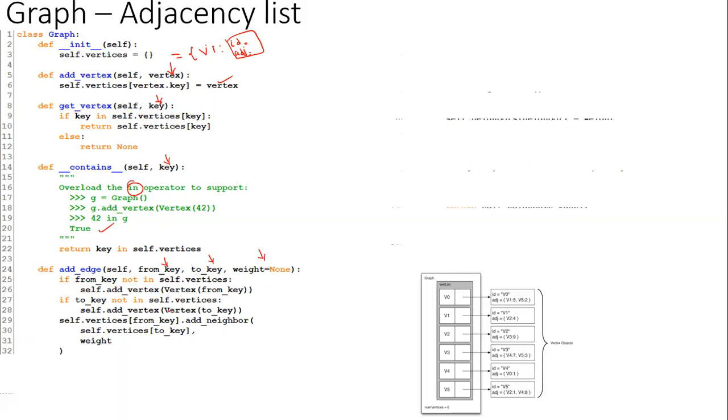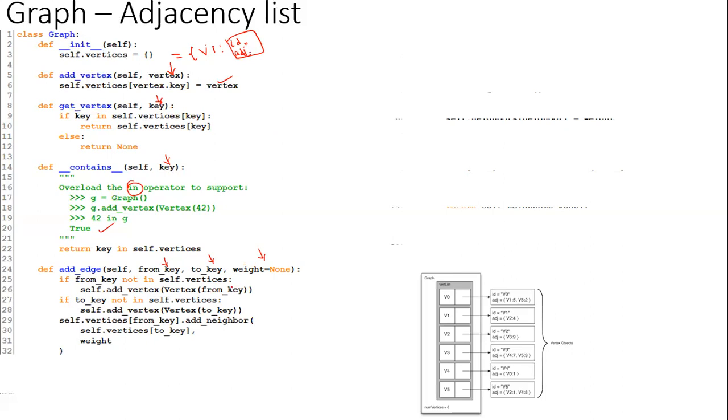Similarly, the to key is also going to be checked. If it is not there, then it is going to add the to vertex onto the vertices as well, because it must be there. In the list of vertices, we must have all the vertices of the graph. So if it is not there, it should be newly added.